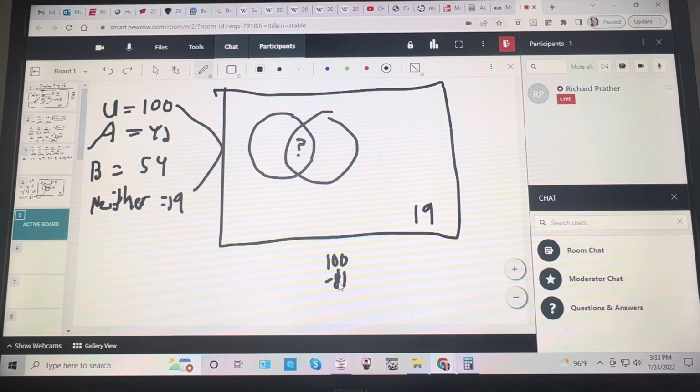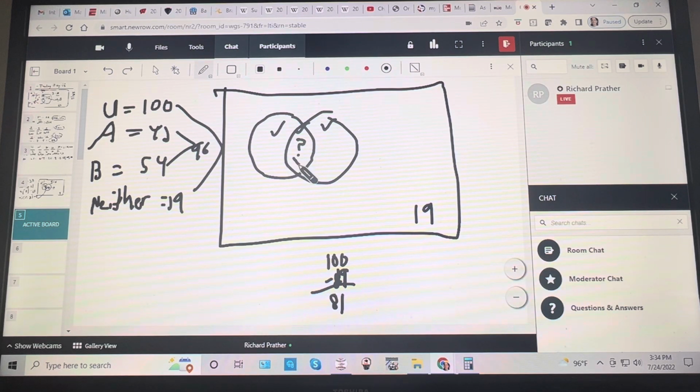Whoops, I wrote the answer. 100 minus 19 is 81. So this plus this plus this has to equal 81. So if I add up what we have so far, 96, it's double counting that middle portion. See how we could do that. X plus something is 42. X plus something is 54.